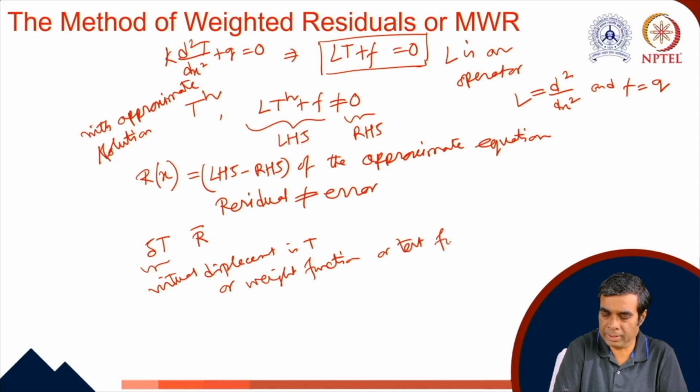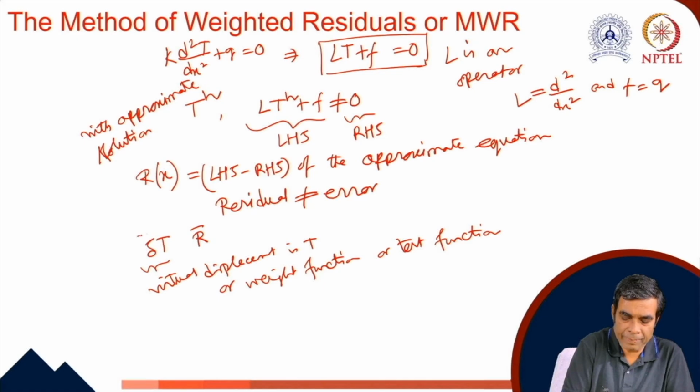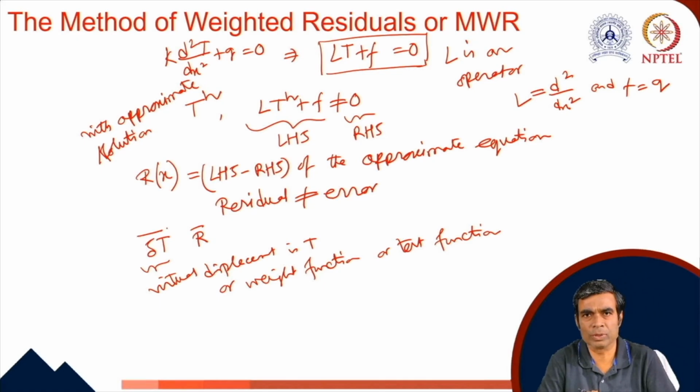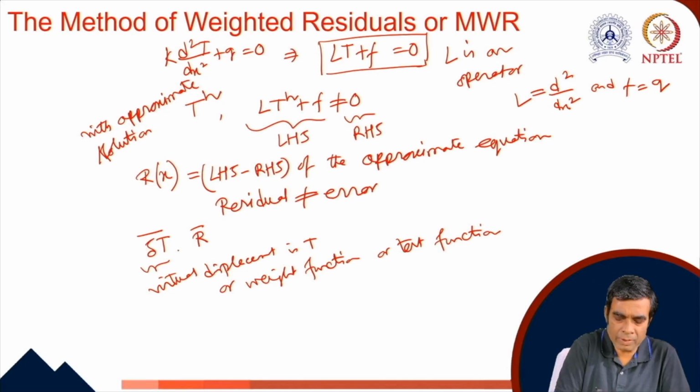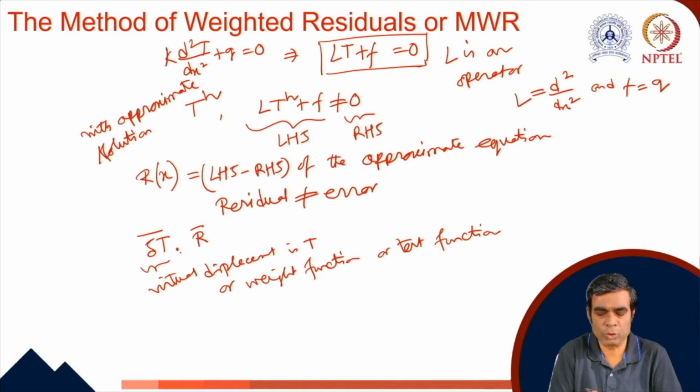So the weight function is also known as the test function. This delta T has n number of values. So delta T is a vector, where delta is the variation. Here the residual acts as the force and delta T acts as the virtual displacement. So delta T dot R represents the virtual work.